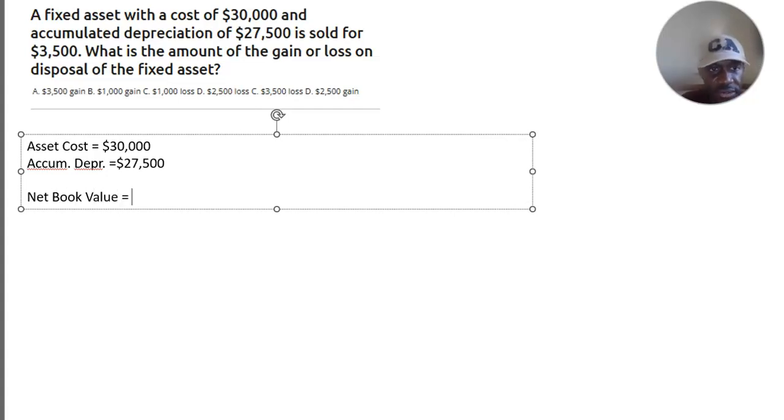Okay, the net book value is determined by taking the asset cost and subtracting the accumulated depreciation.